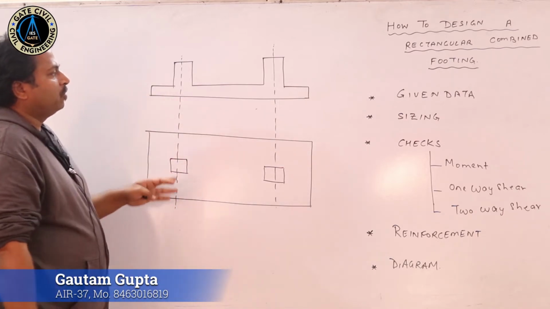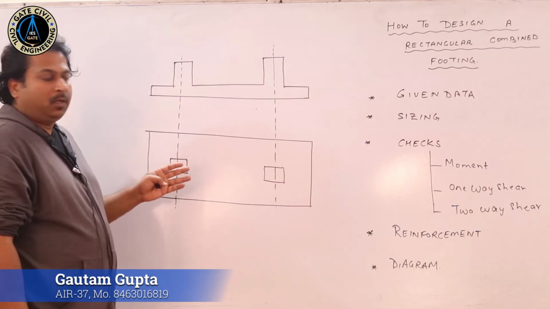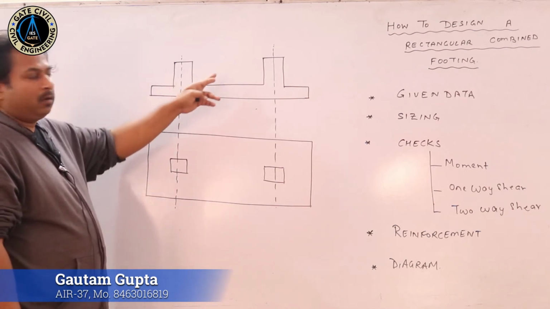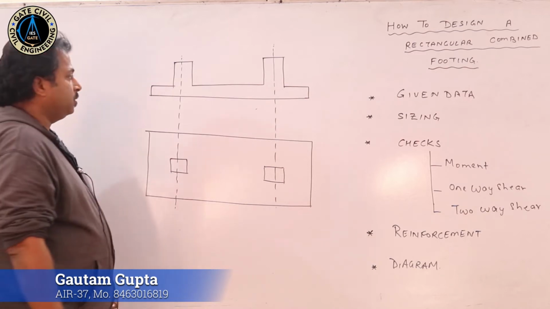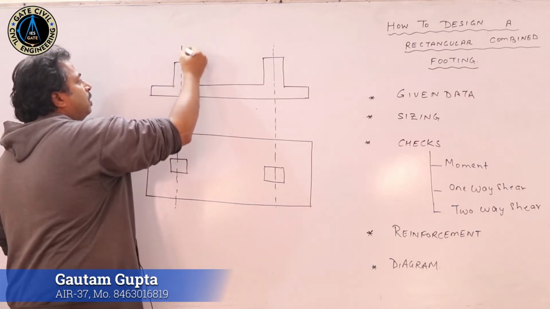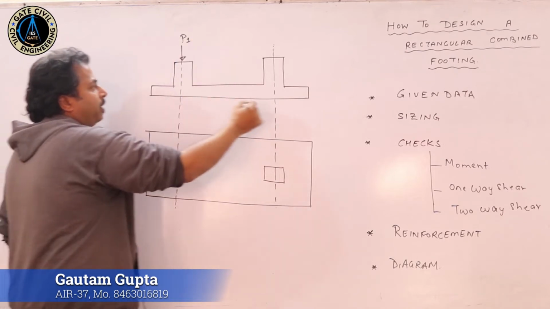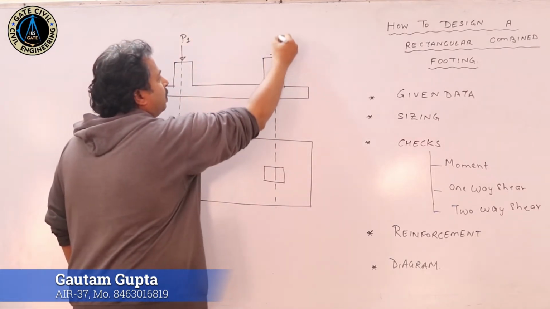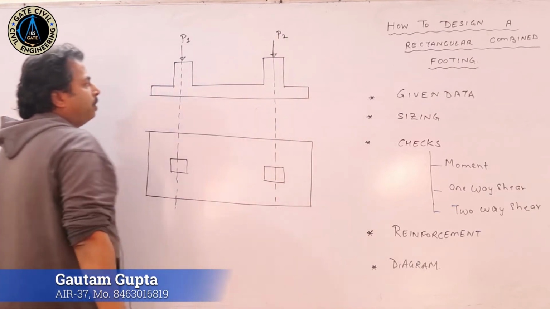In the elevation view, the information that will be used in the design calculation can be represented as: this is the force P1, this is the force P2 coming on column 2.